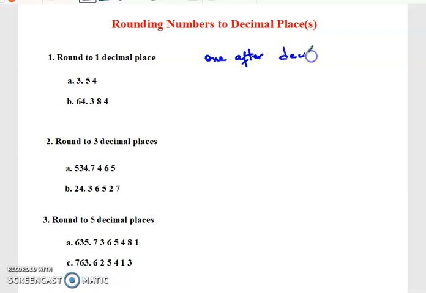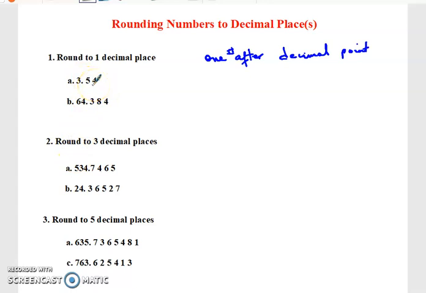Just one number, right? But in this case, we have 2 digits. We have 5 and we have 4, but we only need 1 digit to the right hand side of this. Now, how will we decide what that 1 digit is?